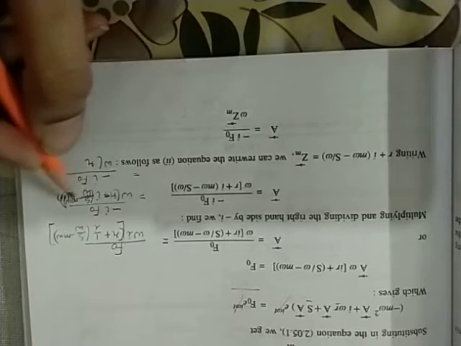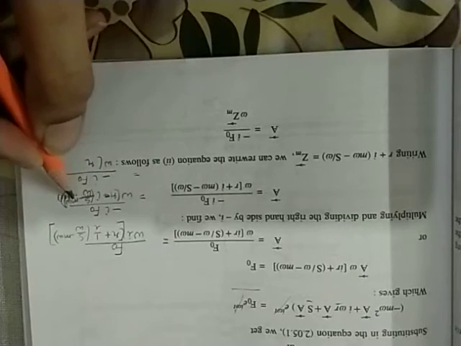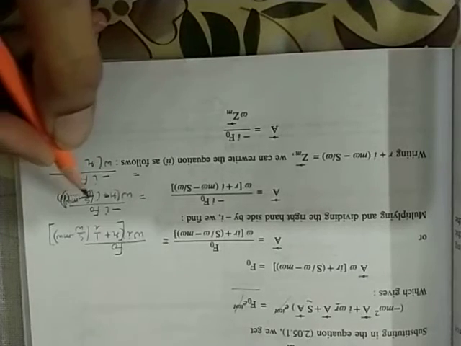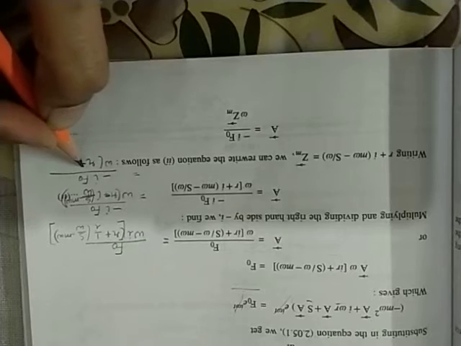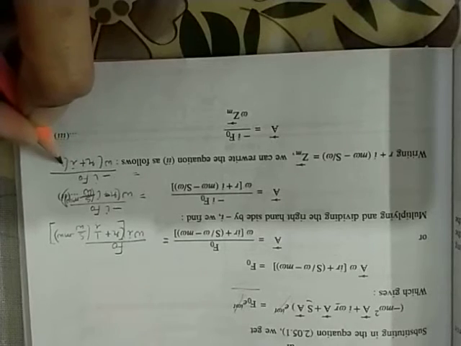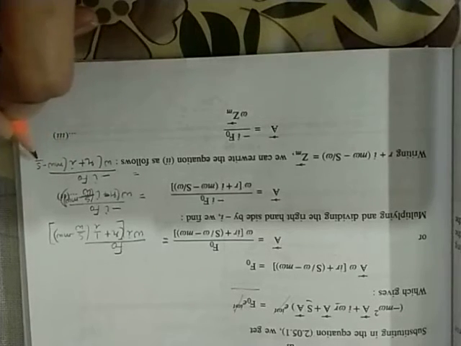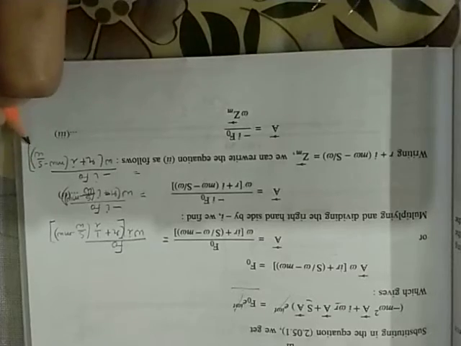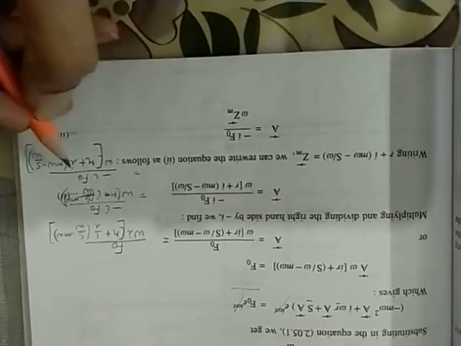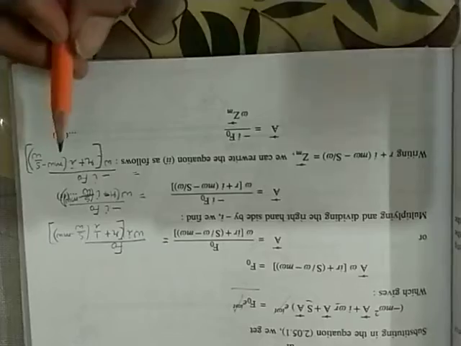Because if we change the order of these terms, the negative comes out and we are left with positive: r plus iota times (m omega minus s upon omega). This is the final term which we have derived.